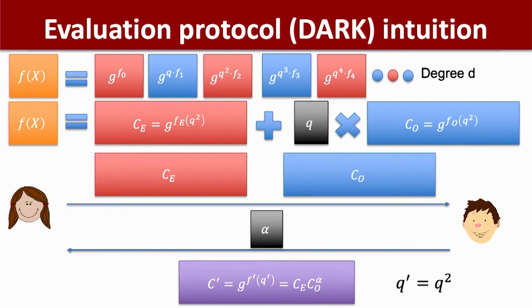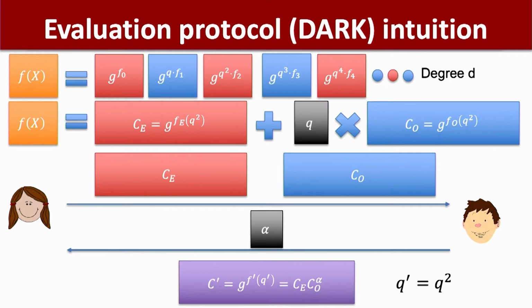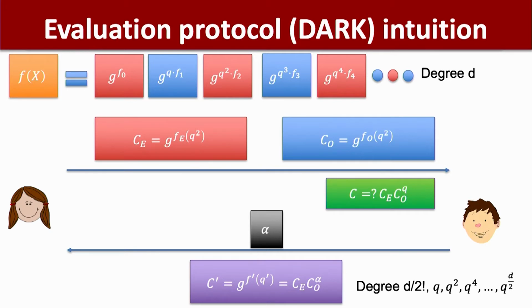The important thing that the verifier needs to check is that this second line holds, so that the commitment to f of x is equal to the combination of the even and the odd coefficients, so that the polynomial is correctly split up. This results in this green check. I use the multiplicative homomorphism to check that C, the commitment to the polynomial, is equal to CE times CO to the Q.